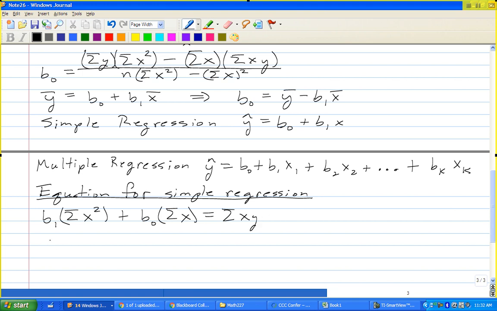And then the second is b1 sum x plus b0n is equal to the sum y. Okay, so that's the system of equations that you would solve for simple regression.